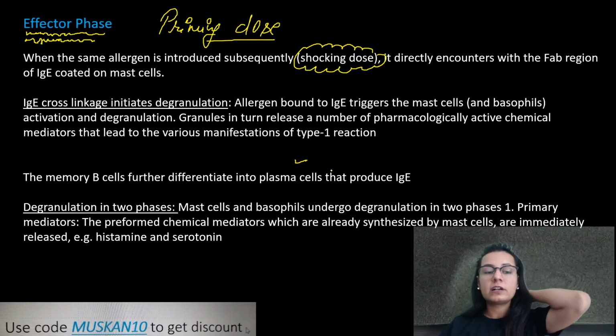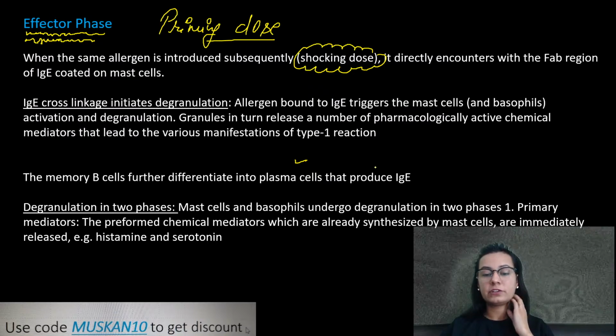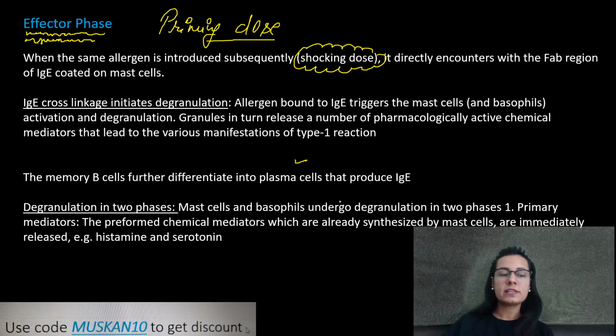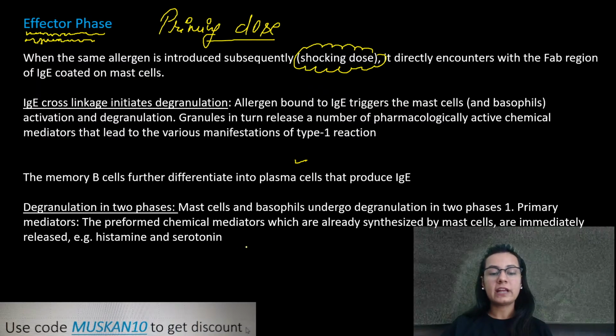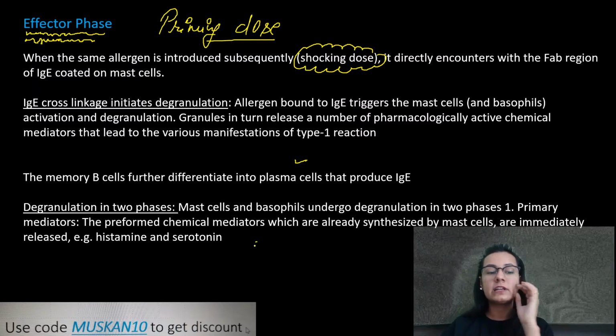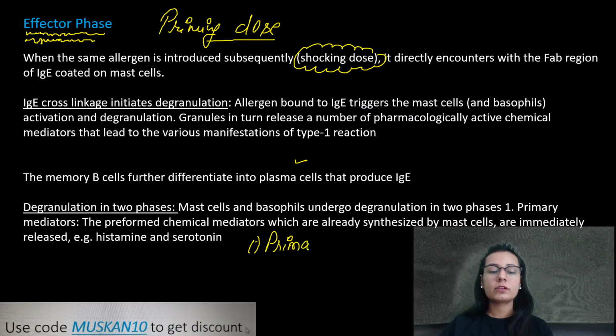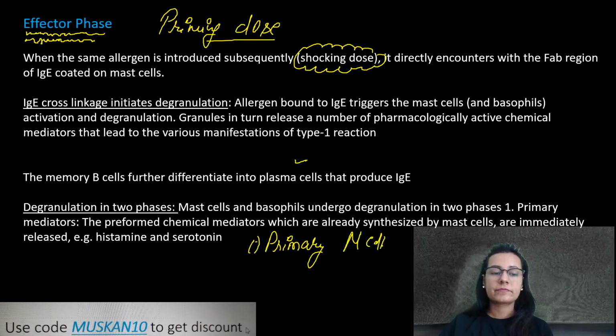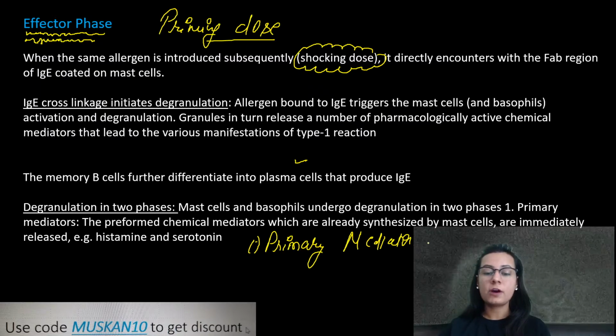So degranulation occurs, and mast cells and basophils undergo the degranulation in two phases. Because we know that granules होते हैं, primary granules or secondary granules, we have read about that. One is the primary mediators or the preformed chemical mediators, that is the granules that are already present inside the mast cells.